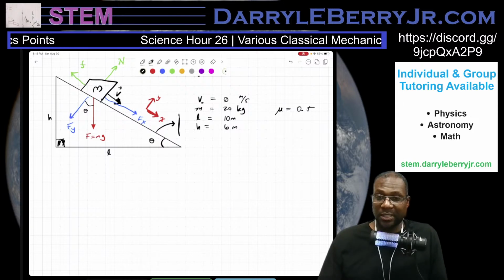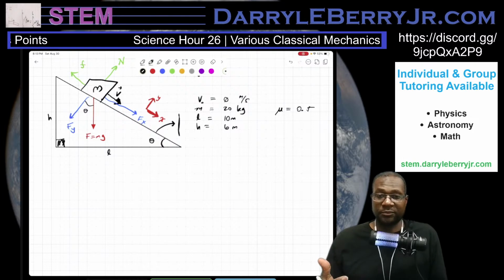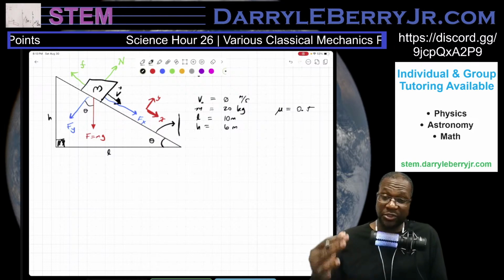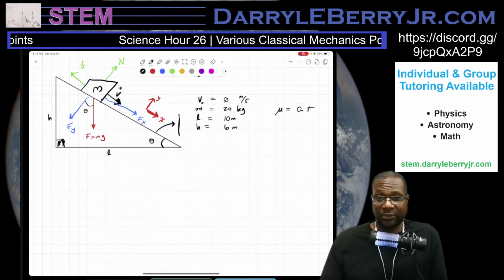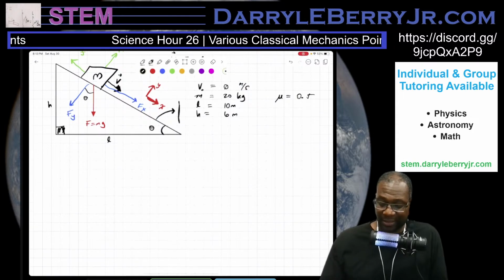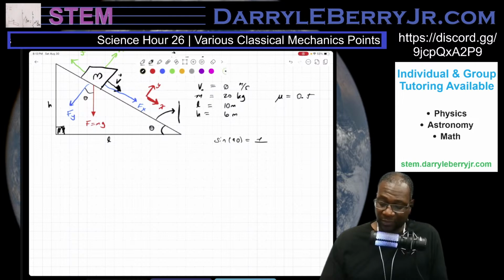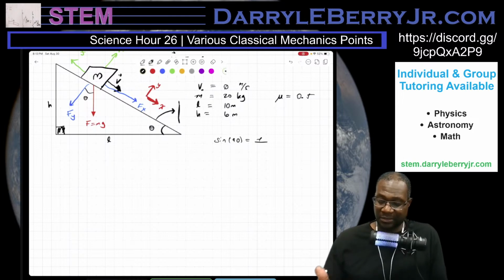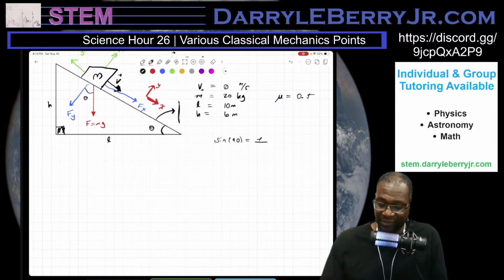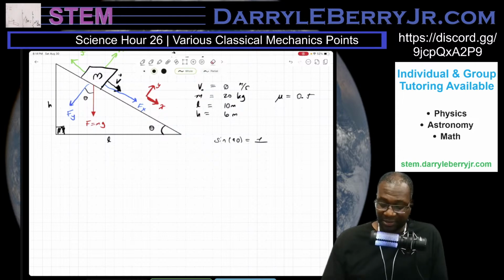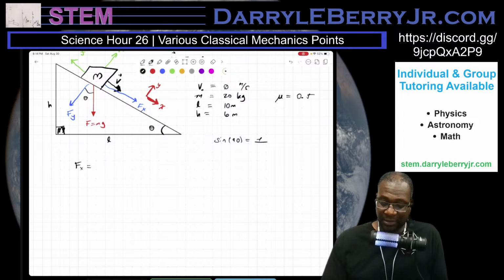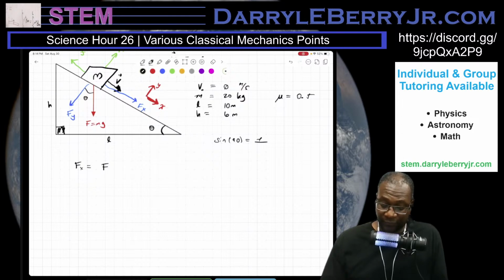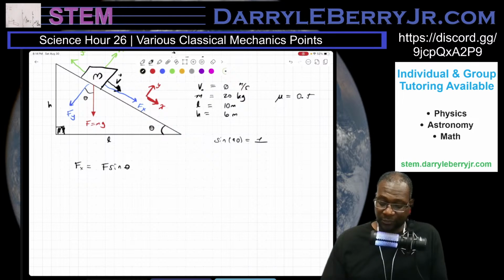And the only trigonometric function that would allow us to have 100% of the vector at 90 degrees is sine, because sine of 90 is 1. At 90 degrees, sine will give us 100% of that vector. So that means that going down the ramp, Fx is F sine theta.